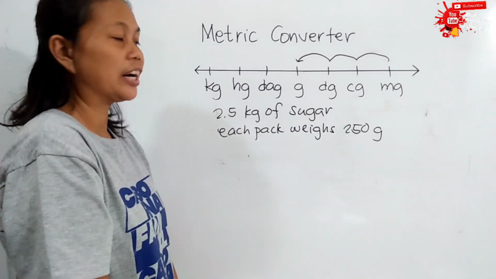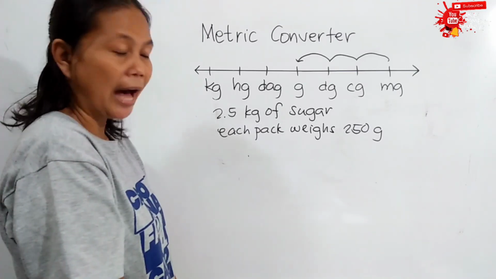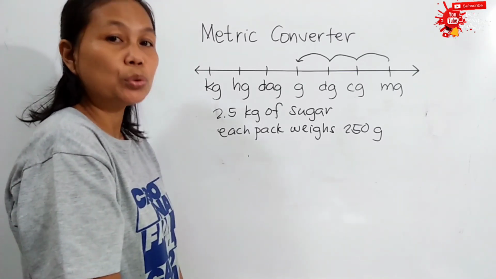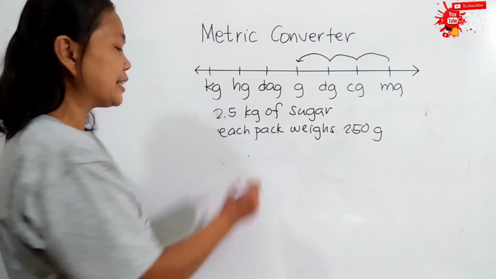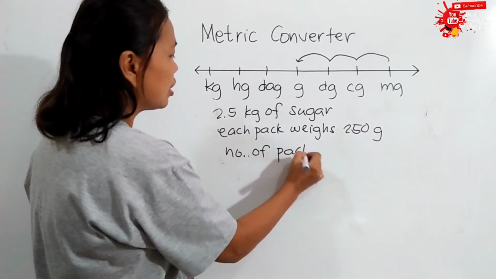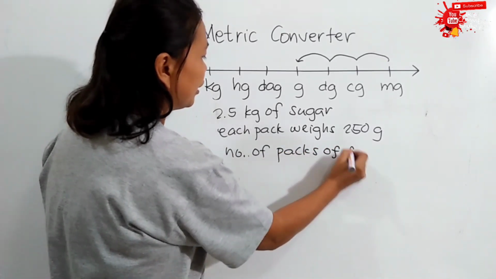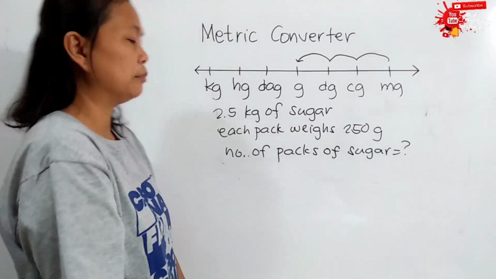So the only sugar that can be bought in the store is by pack, and each pack weighs 250 grams. So the question is asking for the number of packs of sugar. So this will be our problem.